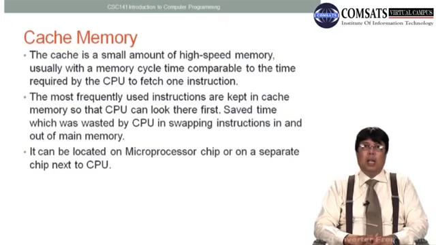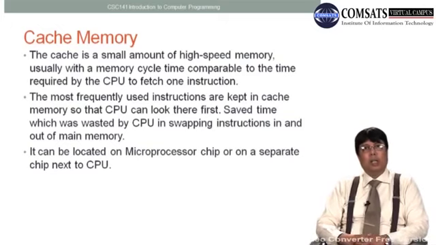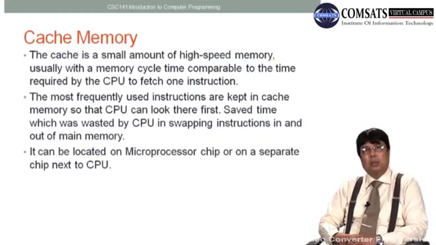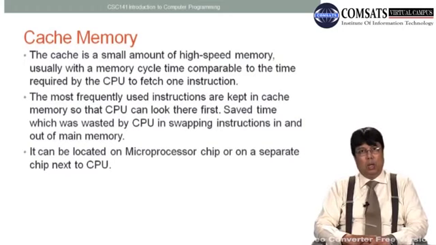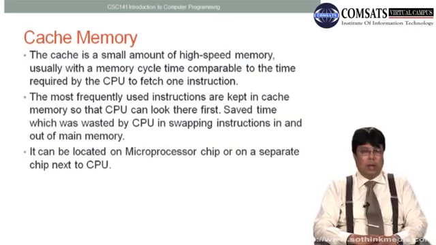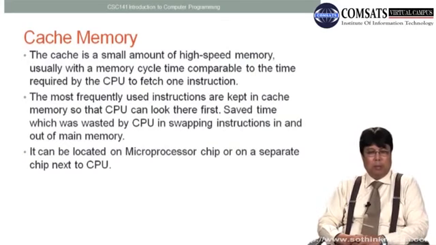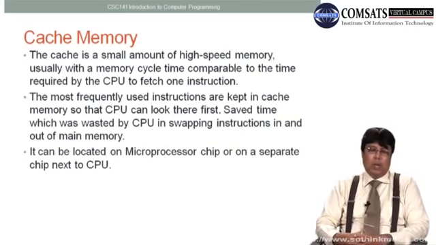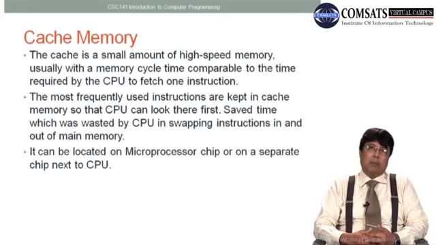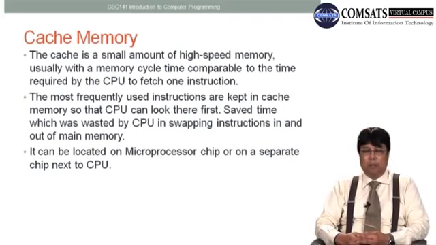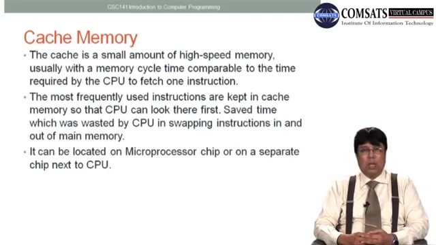This cache is usually within the CPU, part and parcel of the CPU, within the microprocessor, but sometimes it is not. I'll explain it when I discuss the different levels of cache memory. The most frequently used instructions are kept in the cache memory of the CPU, so that saves time.